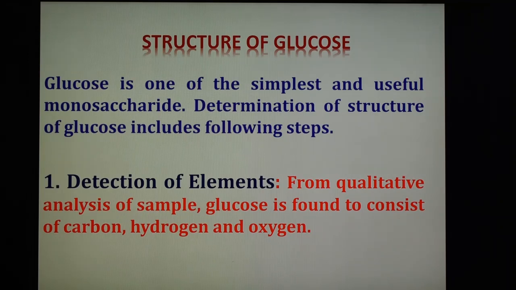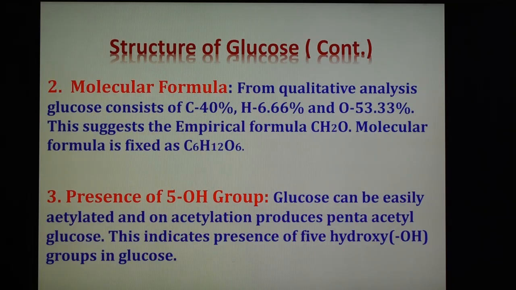The second step is the molecular formula. The percentage of carbon, hydrogen and oxygen in glucose was calculated from its quantitative analysis, and it is found that it consists of 40% carbon, 6.6% hydrogen and 53.33% oxygen.